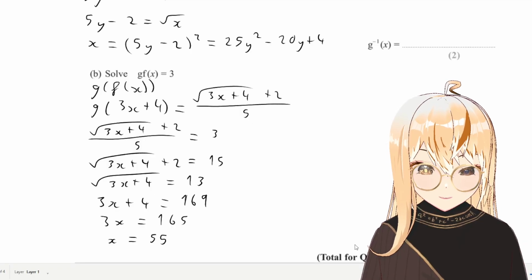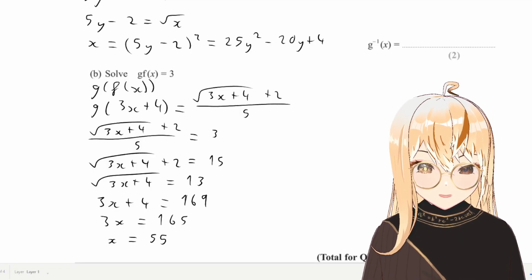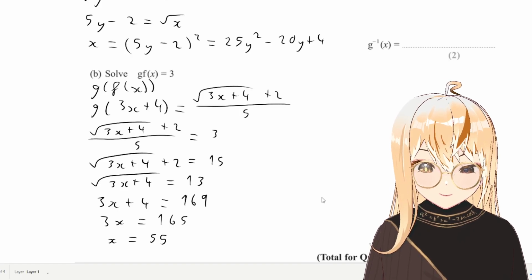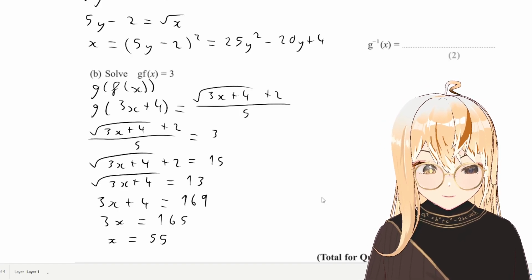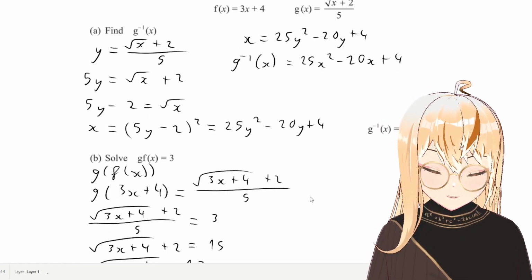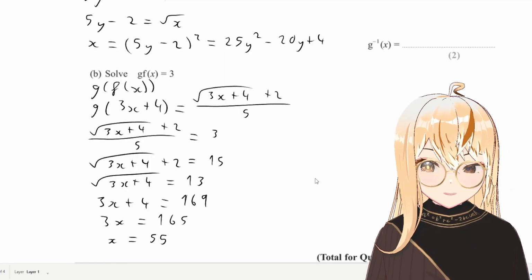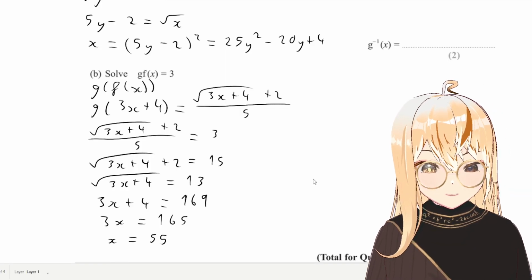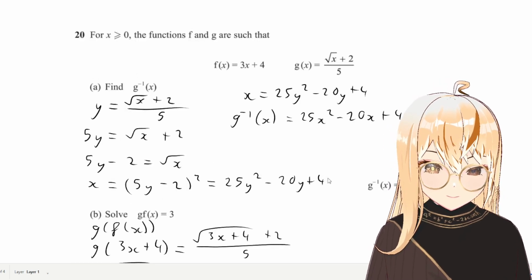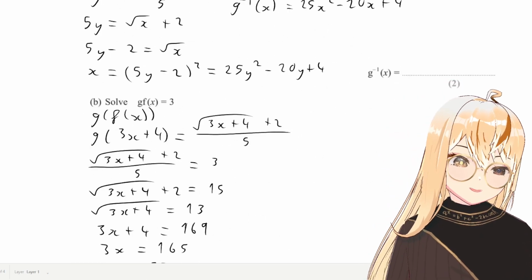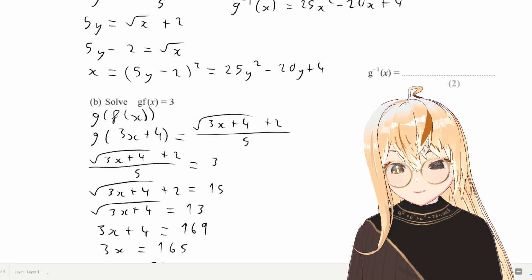And that looks pretty good. And so if you have a calculator, you could check if x equals 55 actually is a valid solution. So just put f(55) in, and then g of whatever you get, and see if it is equal to 3.